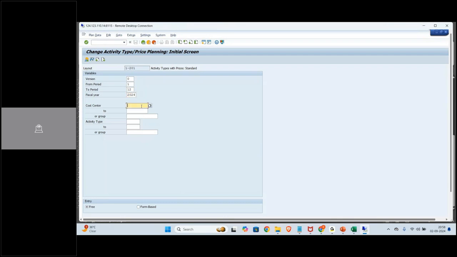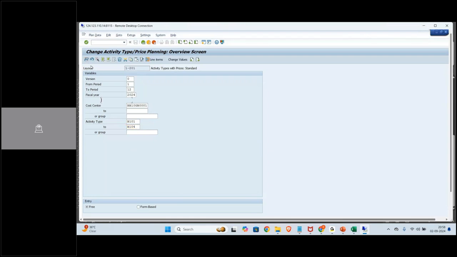BB10, GB001. So activity type is B10. I'll give you all the activities B101 to B106, and you will get only B104. So this is activities quantity.